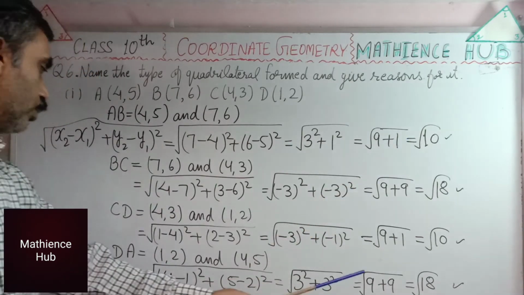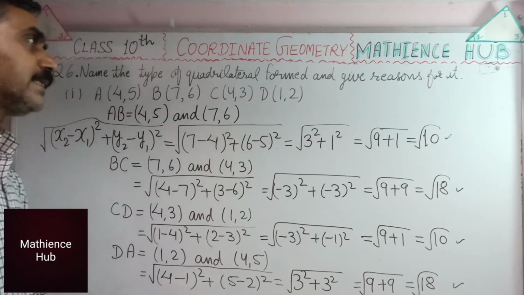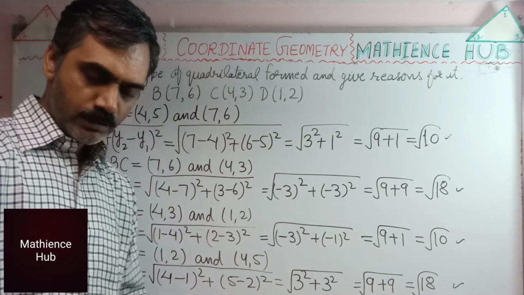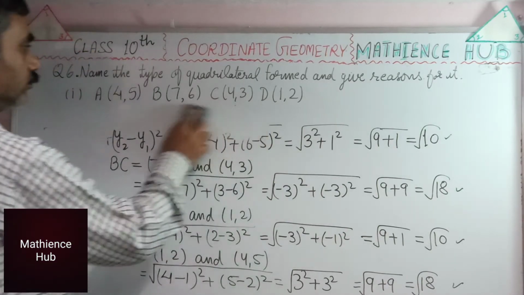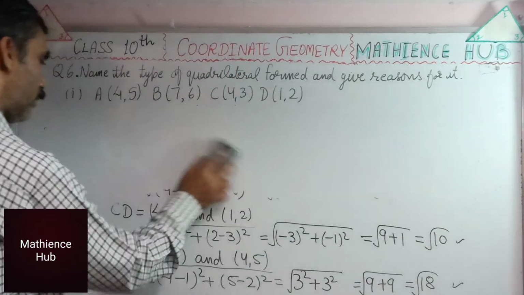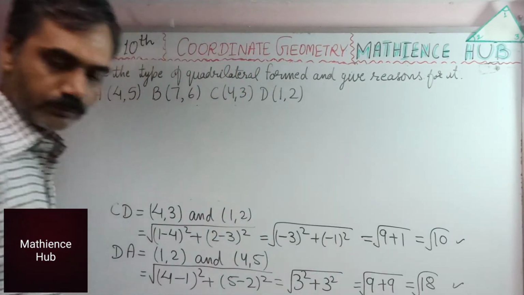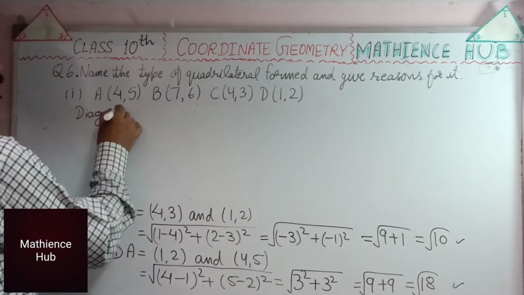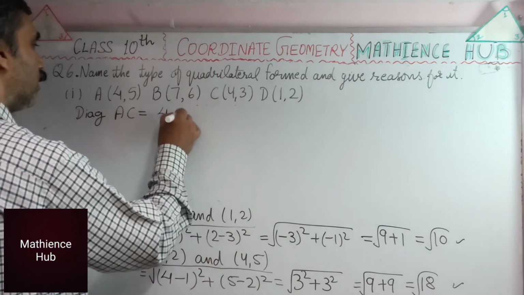So you see here, AB equals CD and BC equals DA. So opposite sides are equal. And now we check the length of the diagonals. The diagonals are AC and BD. Diagonal AC: (4, 5) and (4, 3).